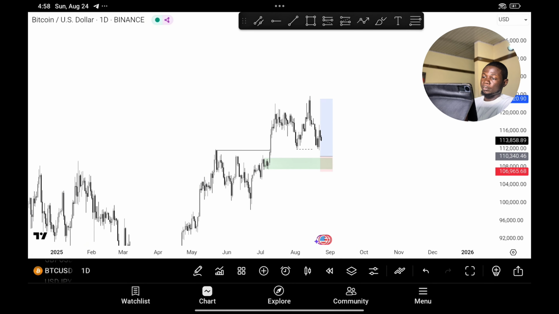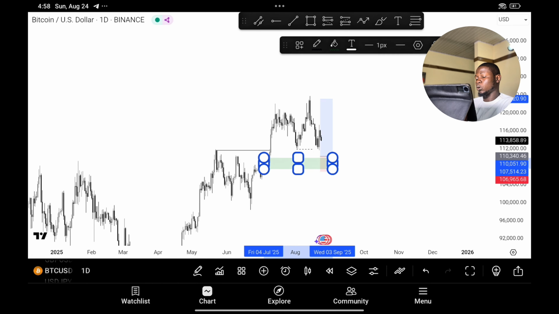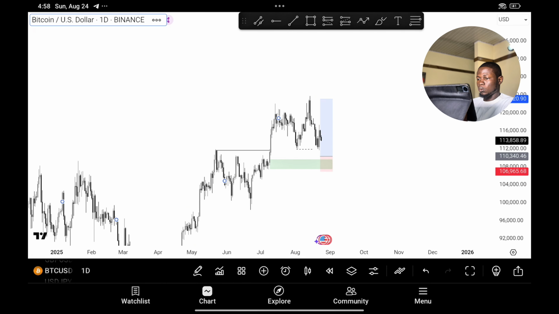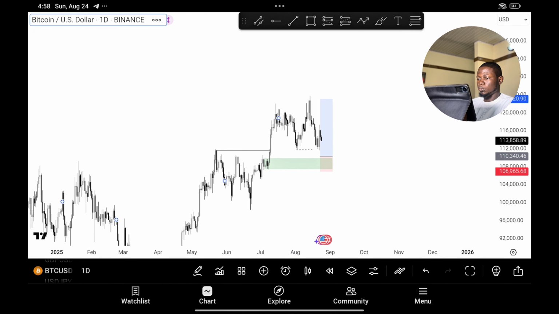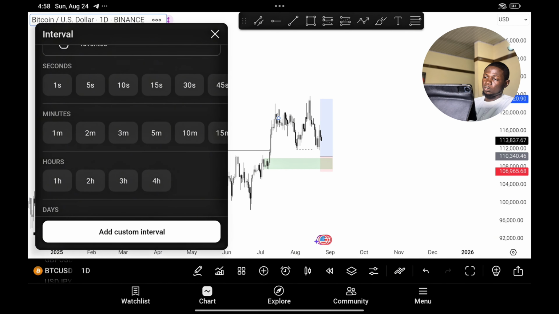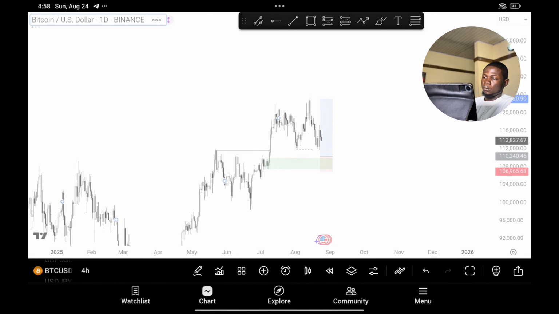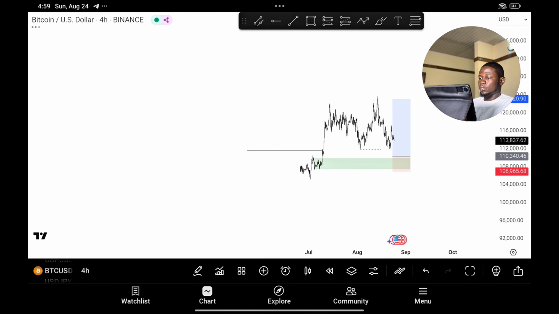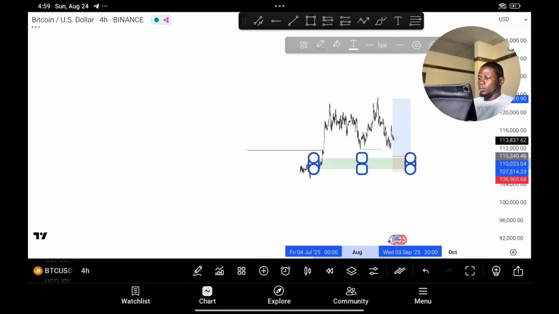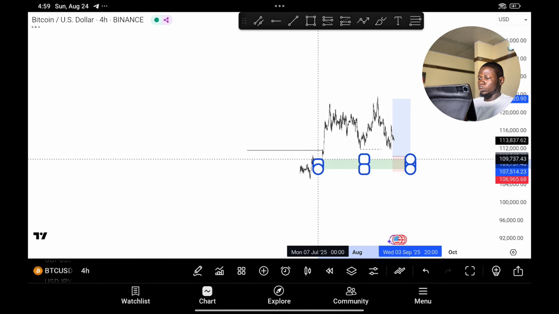Looking at this daily time frame, this is just like an order block. This is where I was looking to long Bitcoin.